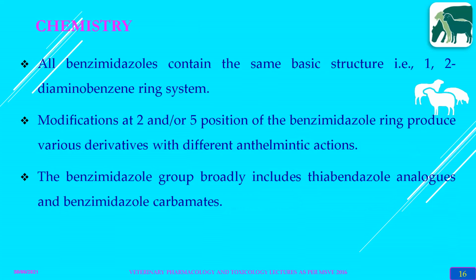Coming to the chemistry, all benzimidazoles contain the same structure, that is the 1,2-diaminobenzene ring structure that is present there, and modification of the 2 and or 5 position of the benzimidazole ring produces various derivatives with different anthelmintic actions. So the benzimidazole group broadly includes the thiabendazole analogs, and also benzimidazole carbamates.